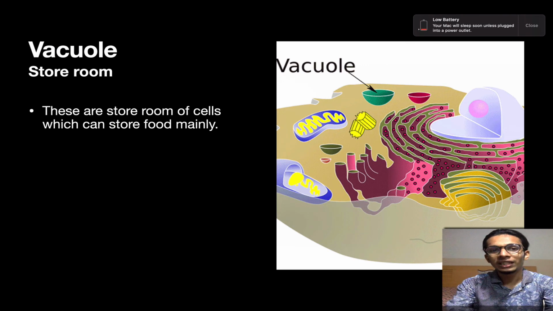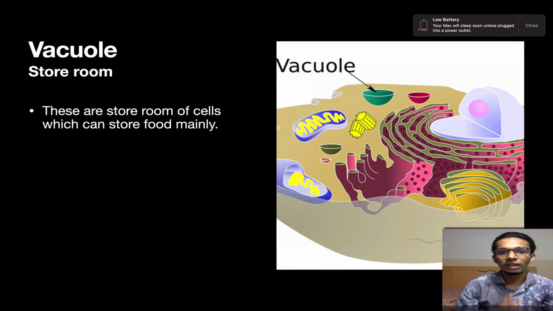Vacuole. Vacuole is the storeroom of the cell, in which we put all the unusable things. That's what you are thinking, because in our houses we use the storeroom for the things we don't need anymore, so we keep them over there. But over here, it holds things which are very useful for us, and sometimes we don't get those things, like food.